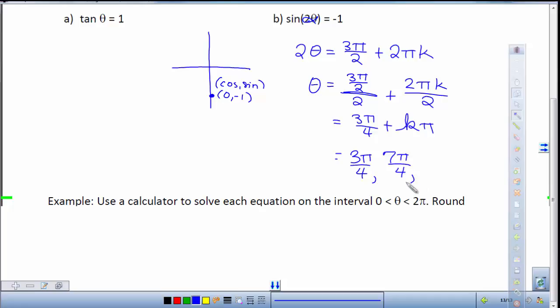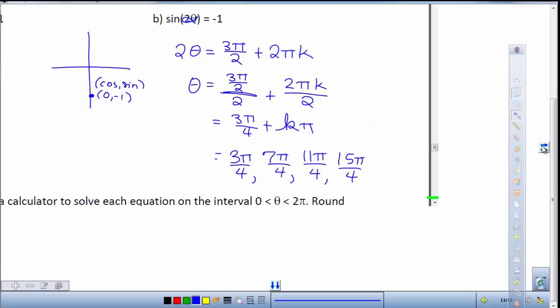If it's equal to 2, we get 11 pi over 4, 15 pi over 4, 19 pi over 4, and 23 pi over 4. Okay, questions about that? Okay. All right, very good.